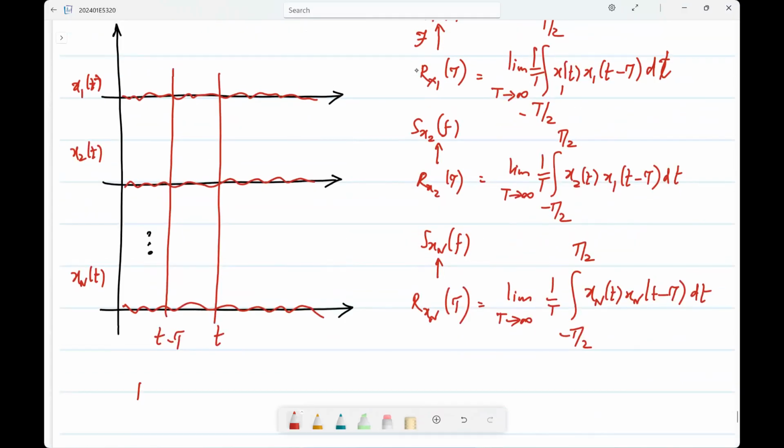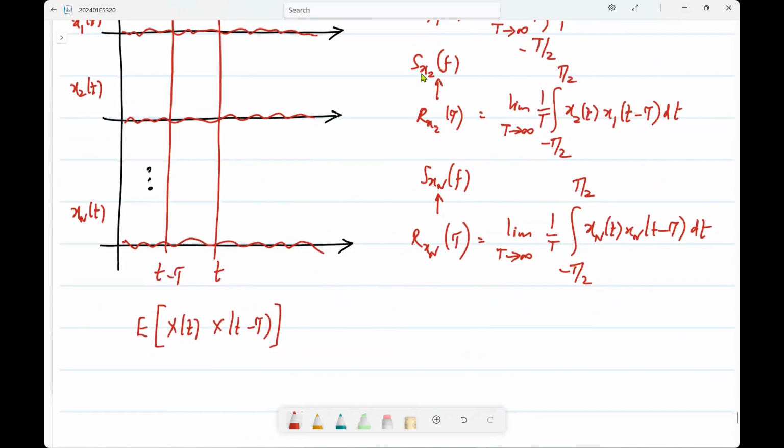So you can take the expectation. I hope all of you know what this means. This is averaging over the ensemble weighted by the joint probability distribution. X of t, x of t minus tau. Okay. For a random process, this is also called the autocorrelation function.